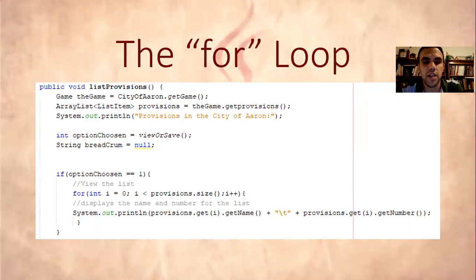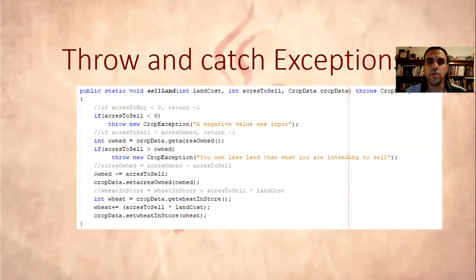So provision size I is going to be equal to whatever the size of the array is, so it's going to end there, because there's no more items to show, and it's gonna jump outside of the for loop.